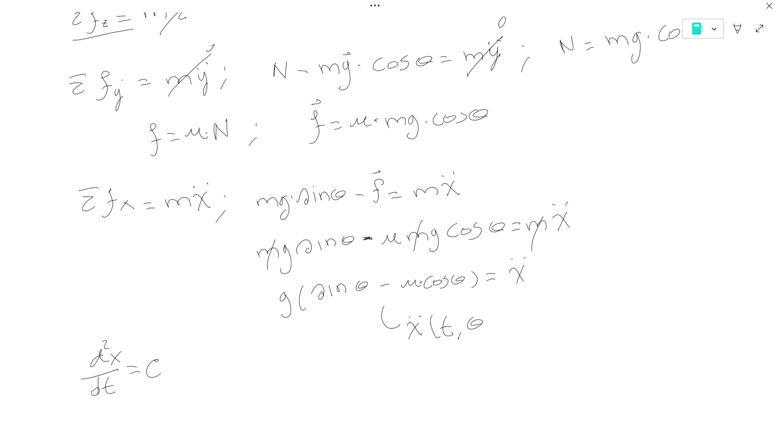It could be a viscoelastic coefficient, it could be a function of position. So let's say in that case, mu was a function of x, right? So the gravity is constant. Then we have sine of an angle that varies minus mu, which at different positions will have different values, equals x double dot.